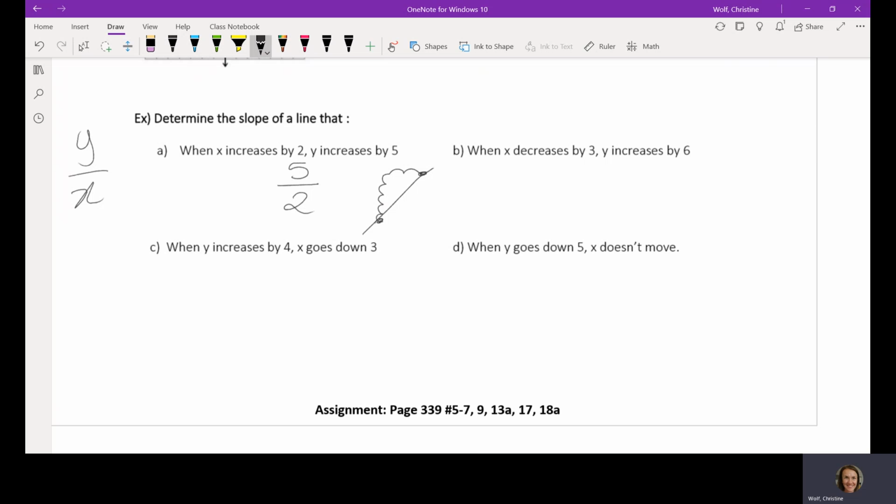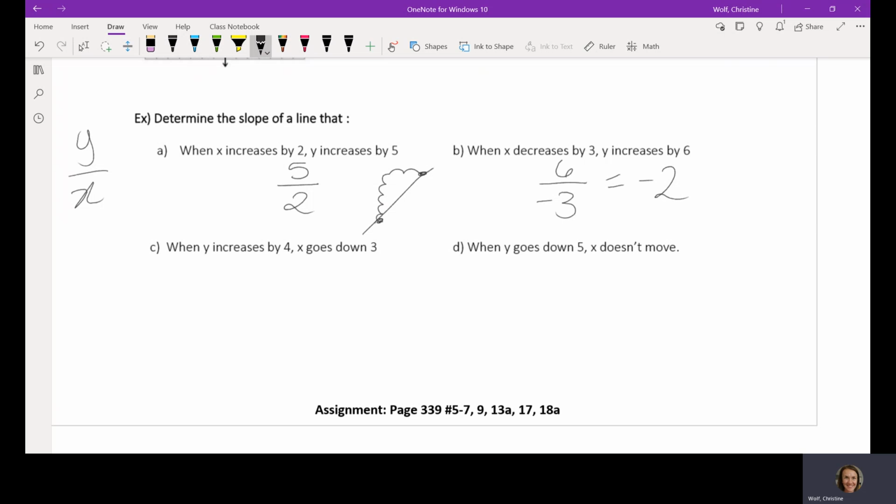Up 5, right 2. When X decreases by 3, Y increases by 6. So again, put your Y movement on top. So Y increases by 6, that would be a positive 6, but then it says X decreases by 3, goes down, decreases, negative. You always reduce your fractions.